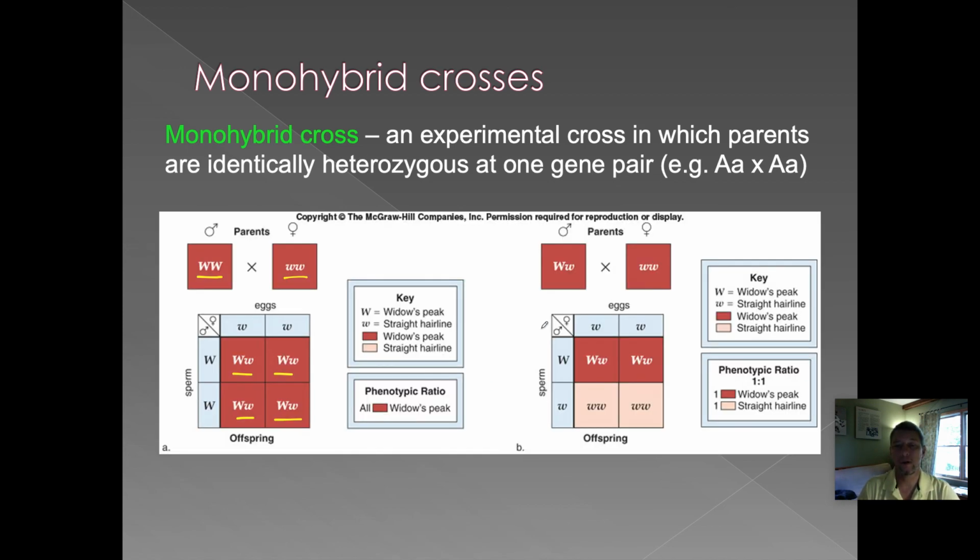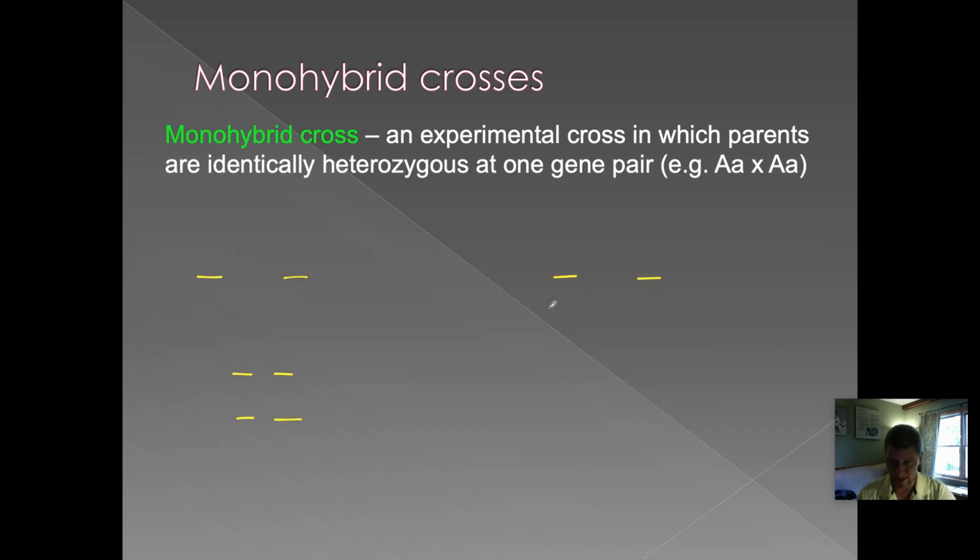On the right-hand side, we've got a dad who is heterozygous and a mom who is homozygous recessive. In this case, we expect the recessive allele to come from mom in all cases, but dad has a 50-50 shot of fertilizing the egg with a dominant allele versus a recessive allele.